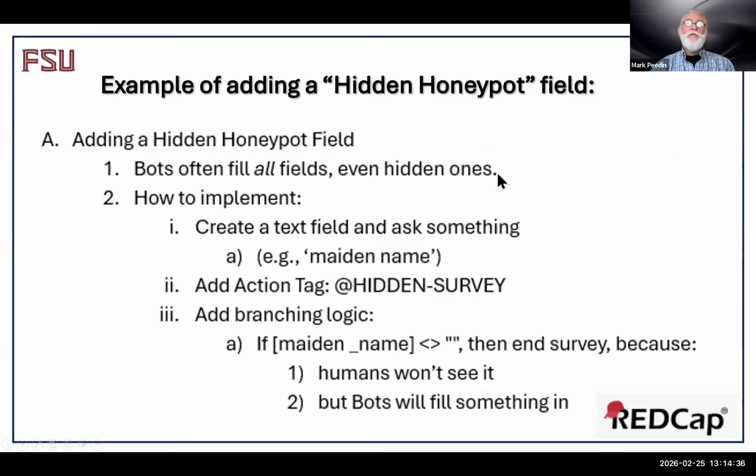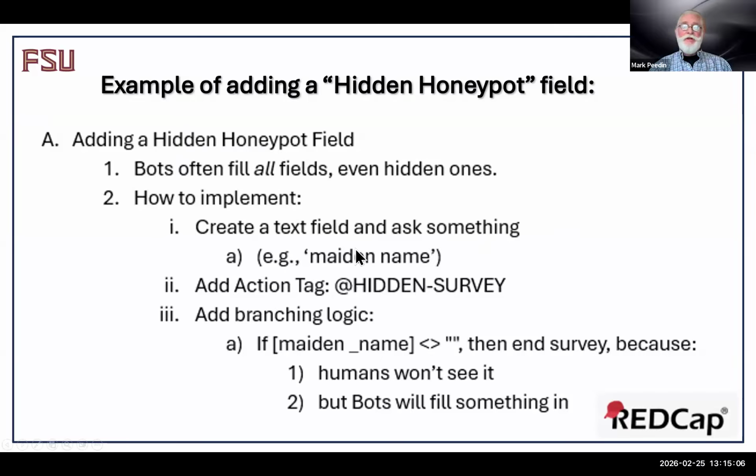The hidden honeypot. As I said, bots often fill out all the fields, even the hidden ones, because on the programming side it doesn't know it's a hidden field. So if you create a field, maybe in the flow of the survey, the bot analyzes the data points being collected and tries to make a decision from there.